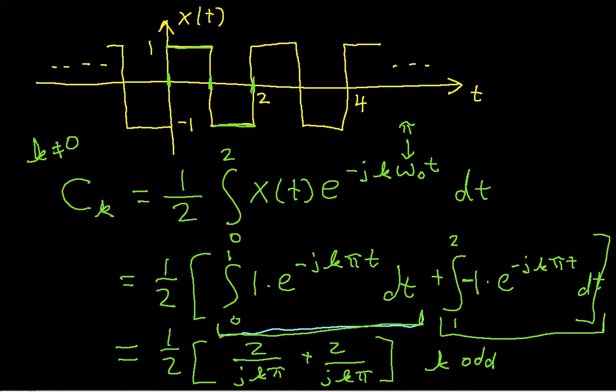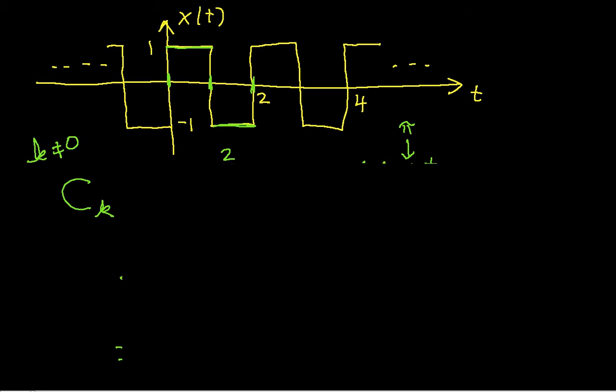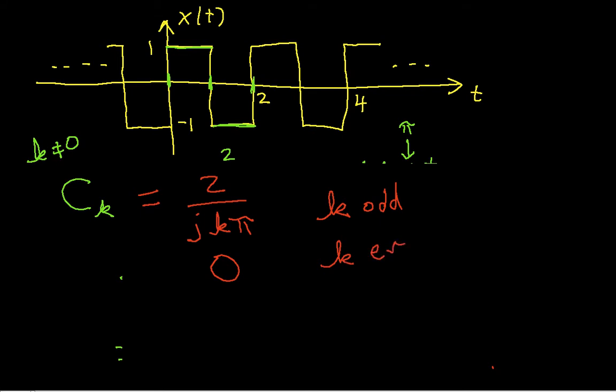Okay, so let's see if we can't just get rid of all of this derivation and summarize what we have there. So c of k is going to be 2 over j k pi when k is odd, or 0 when k is even.